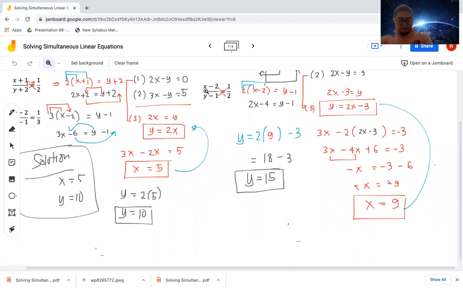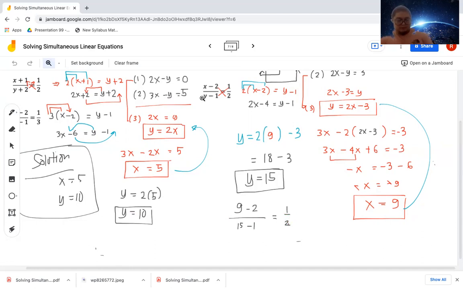We know that the equation is x minus 2 over y plus 1. So if we put in the values, this is going to be a calculation of 9 minus 2 over y, which is 15, minus 1, is said to be equivalent to a value of half.